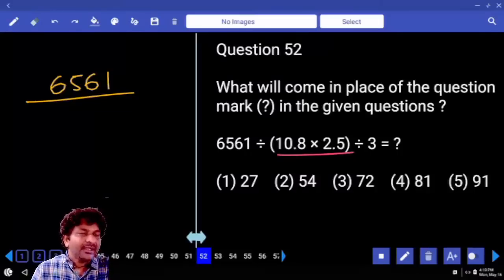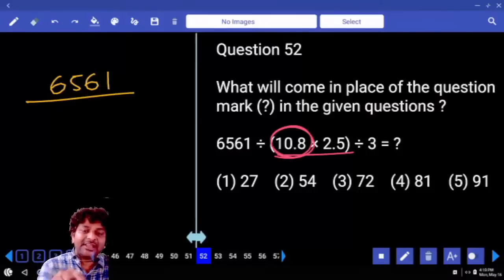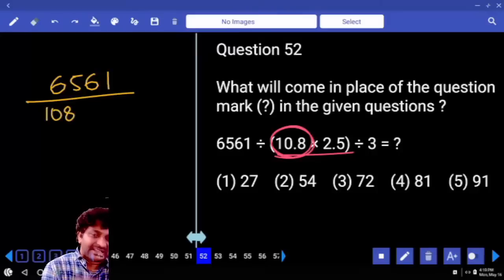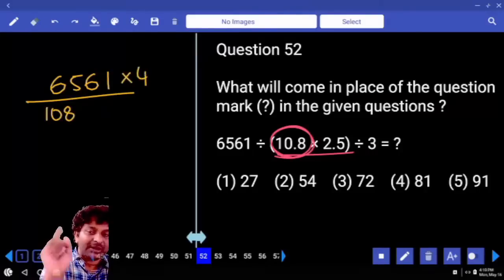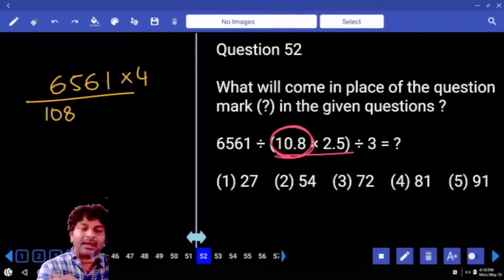Yes or no? Can we write 2.5 as 10 by 4? 10 by 4. If you multiply 10.8 by 10, that gives you 108. The 4 is there, and that comes to the numerator. Is that okay? And into 3 we have.